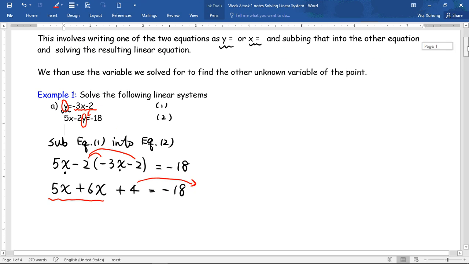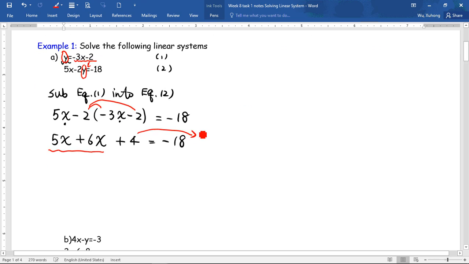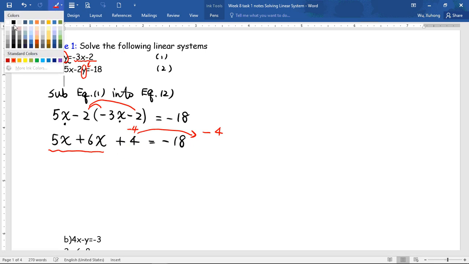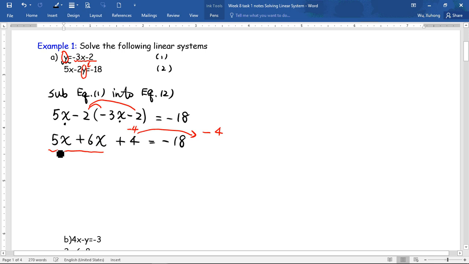When we move things to the other side of the equation, we do the opposite operation. +4's opposite is -4, so it's the same as subtracting 4 from both sides. 4 minus 4 is 0, so the 4 disappears on the left side. Then we collect the like terms. Same variable, same degree, we call them like terms.